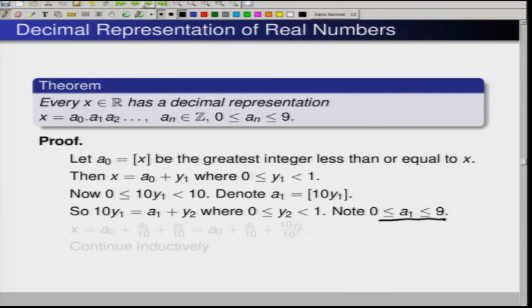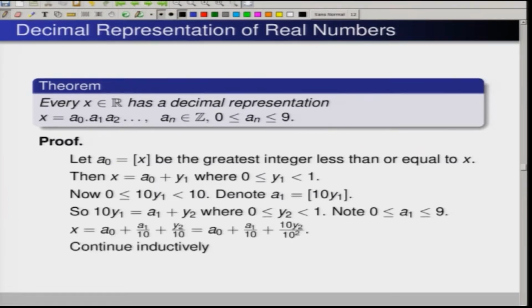So, therefore, what you can write is x is equal to a 0 plus y 1, which is a 0 plus 10 y 1 by 10. Now, 10 y 1 equals a 1 plus y 2, so a 0 plus a 1 by 10 plus y 2 by 10. Now, this I can write as a 0 plus a 1 by 10 plus 10 y 2 by 10 square.